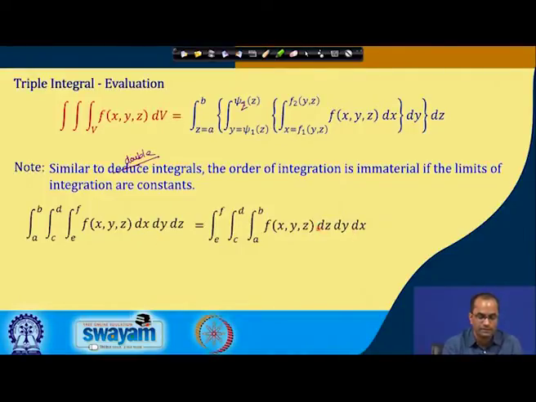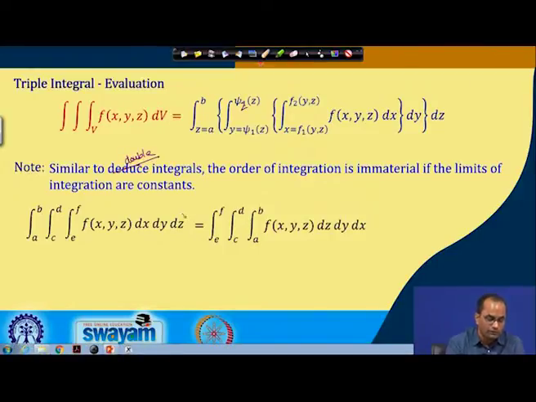So, x, y, z is now z, y and x, and now the limits of z will be a to b, because in this integral here the limits of z were a to b. Similarly, the limits of y are c to d, and then the outer one is the limit of x, e to f.